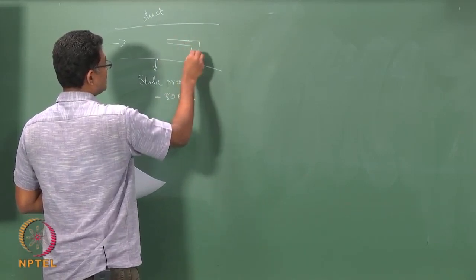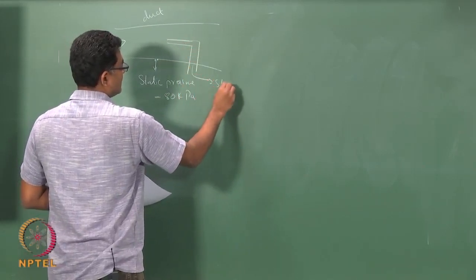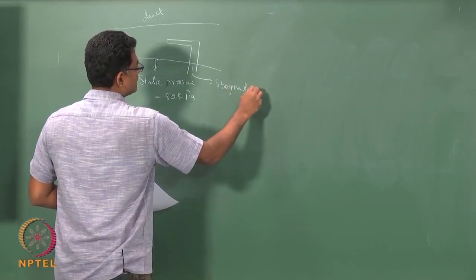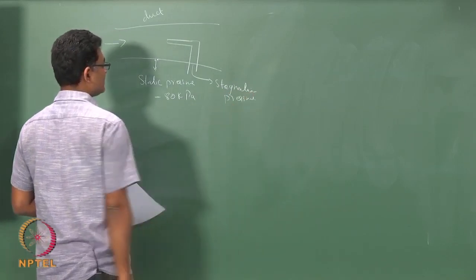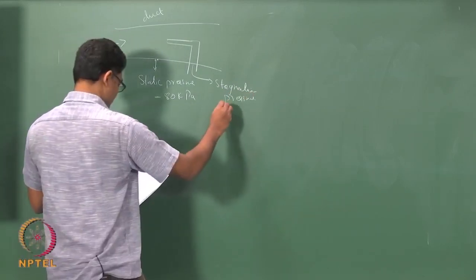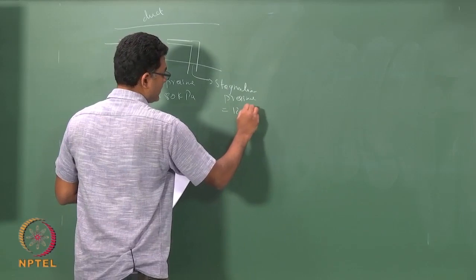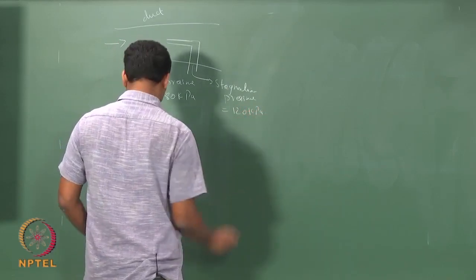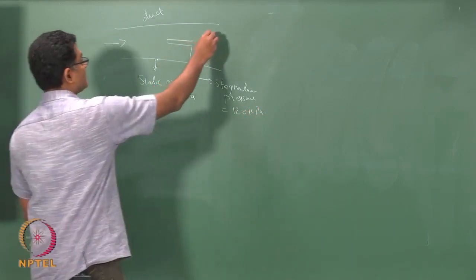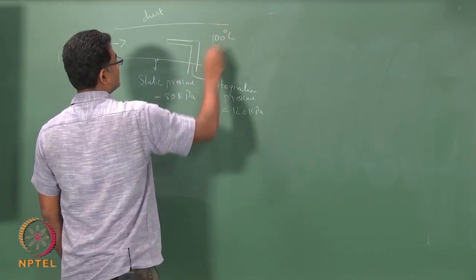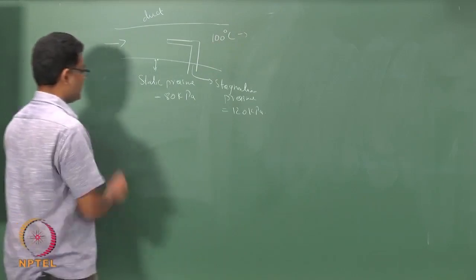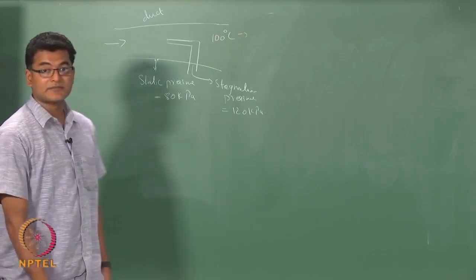which measures my stagnation pressure. Again we will discuss these things at a later point of time, which measures around 120 kilopascal. So, the temperature of this flow is 100 degrees Celsius, which is a static temperature.